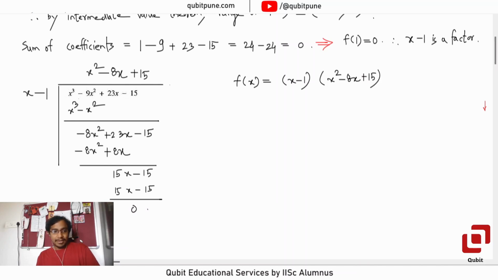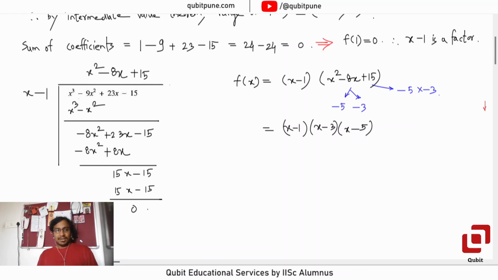It's not difficult to see that negative 8 can be split into negative 5 and negative 3, and that's exactly what we need when we look for factors. So we can write f of x as x minus 1 into x minus 3 into x minus 5.